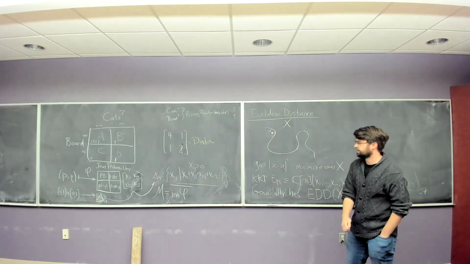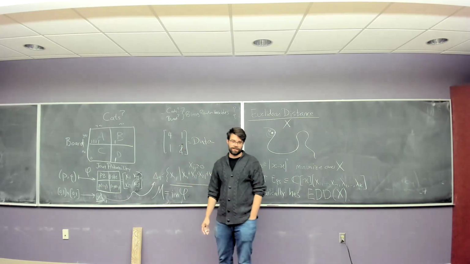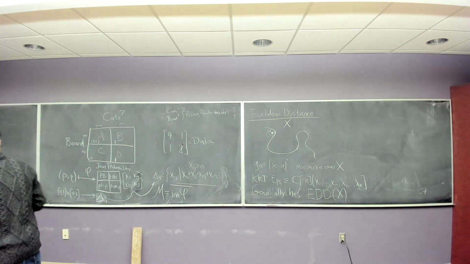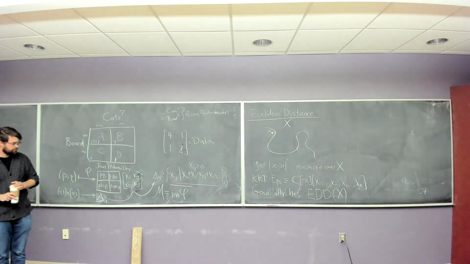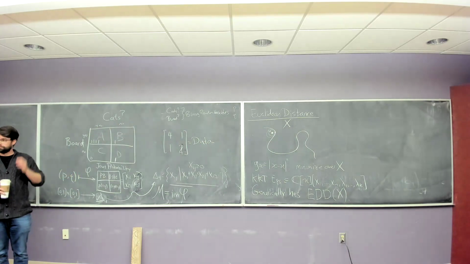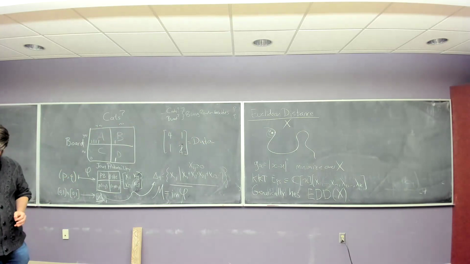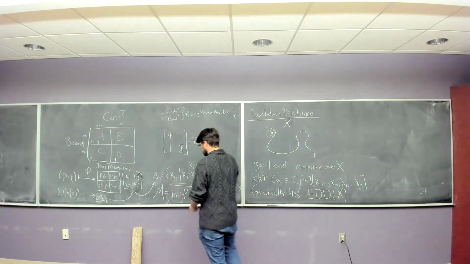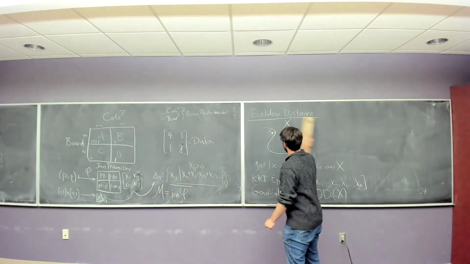So this image really is landing in some simplex, but you can look at the smallest algebraic variety containing that set, and that is going to be called the independence model.